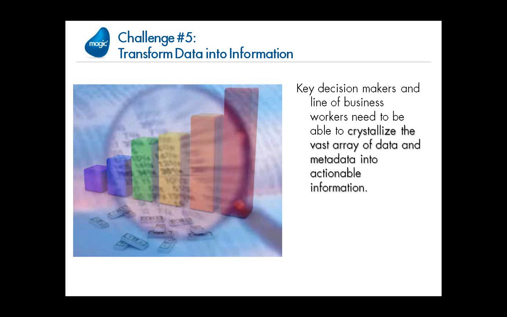And so with an integration platform, you can actually use it to help you create a single point of reliable information and allow you to have staging tables and things of this nature that really allow you to see what's going on. So key decision makers and line of business workers need to be able to crystallize the information, the data that's out there, into something that they can act upon.